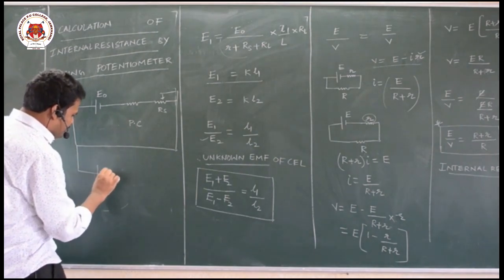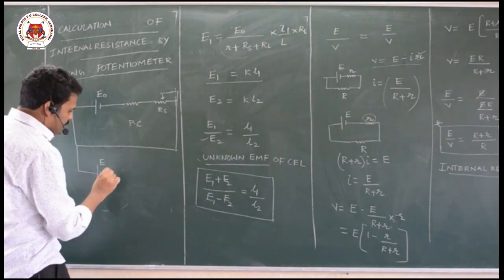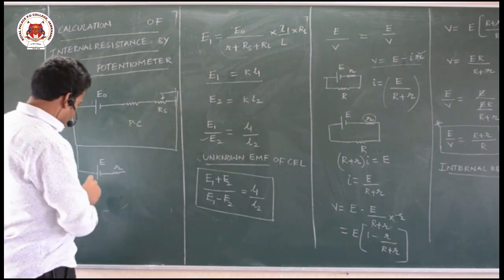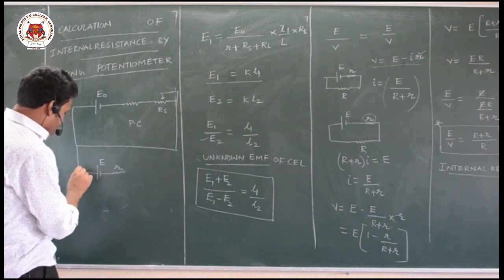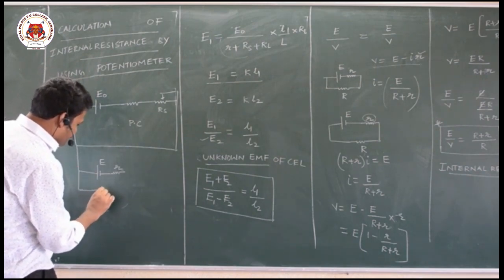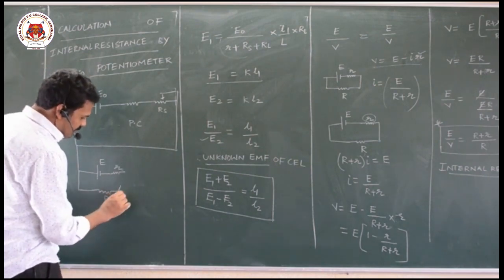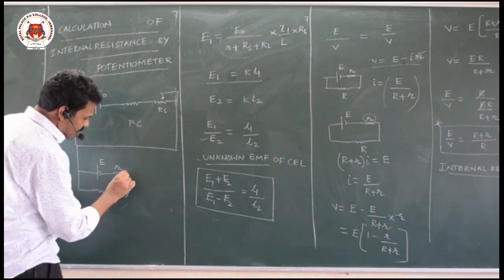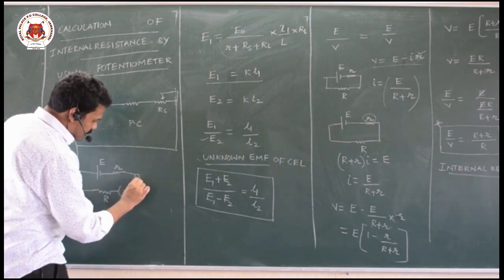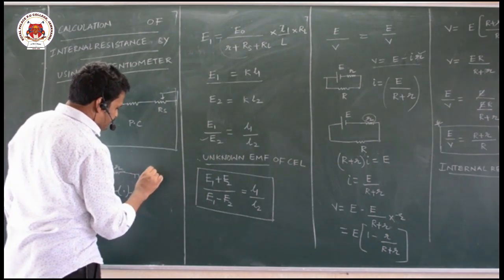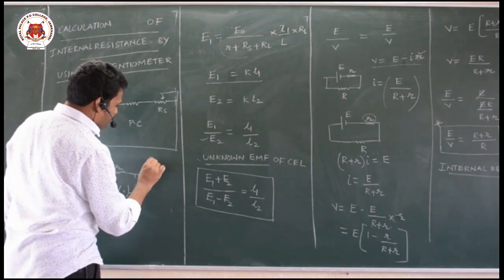I am going to take the cell which is having a small internal resistance small r, and which is connected to a resistor capital R, and there we are having one key which is connected to the jockey, to a galvanometer.